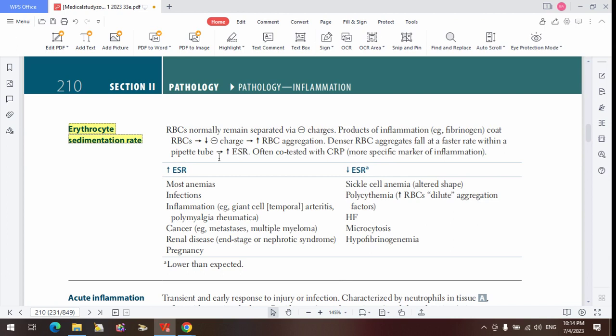So it means that we are looking for an acute phase reactant like fibrinogen. If you are not seeing fibrinogen there, look for something that can increase fibrinogen. If the option was showing CRP or any other acute phase reactant, it would also be correct.